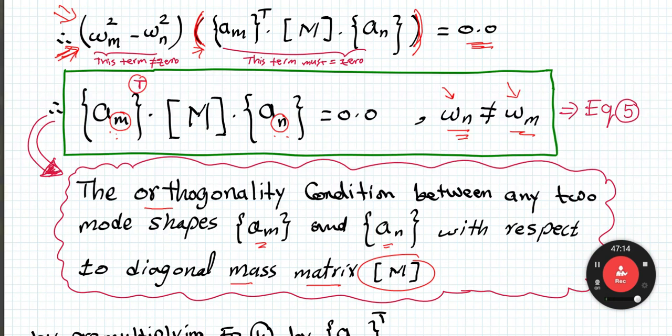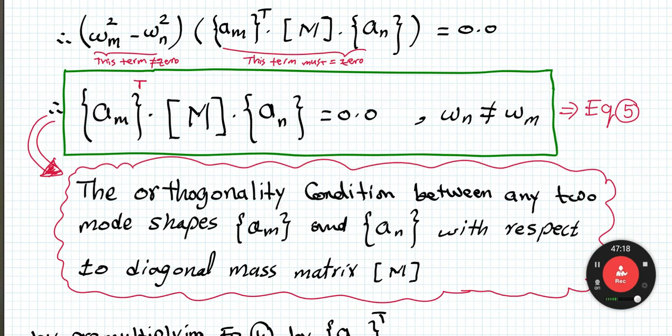I hope that you can understand it now, because after this mathematical manipulation, I hope we have an idea about the meaning of orthogonality from the mathematical point of view. Again, I recall what I said in the beginning, that the orthogonality condition is important for the solution of the dynamic problem for the multi-degree freedom system using the modal superposition method.